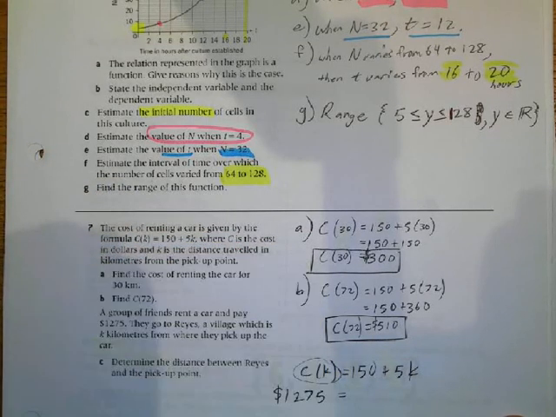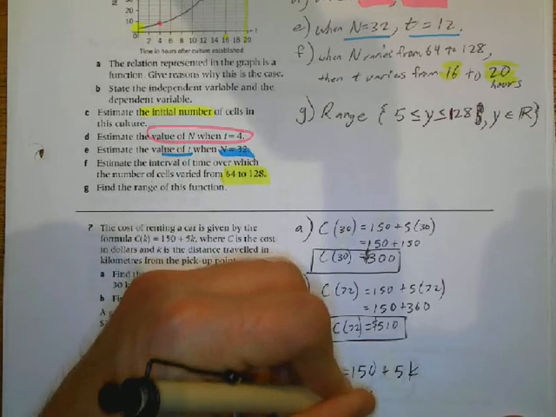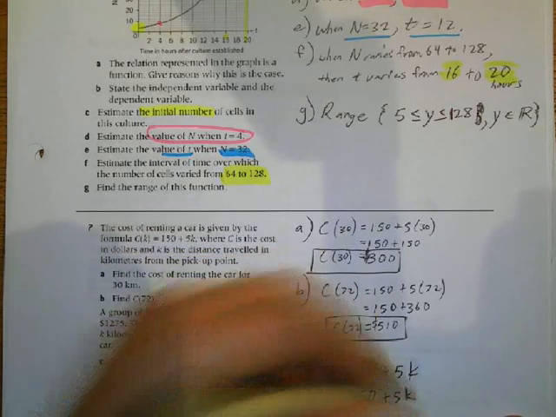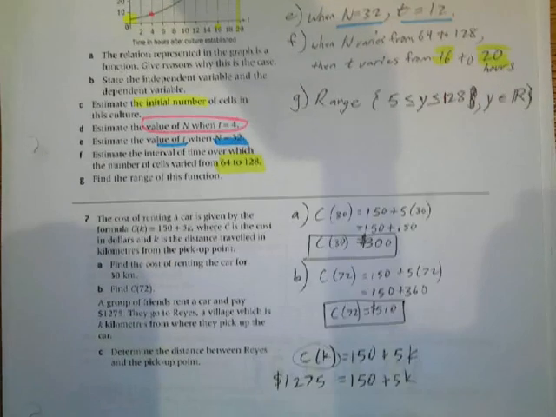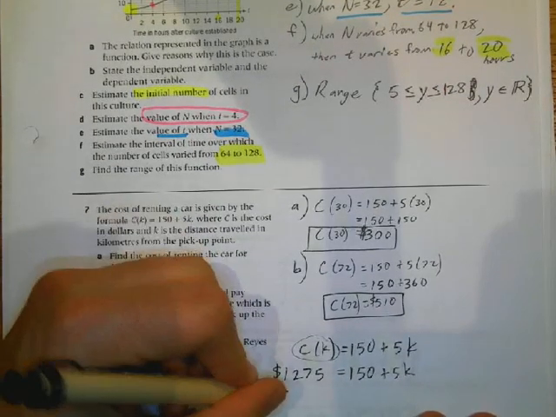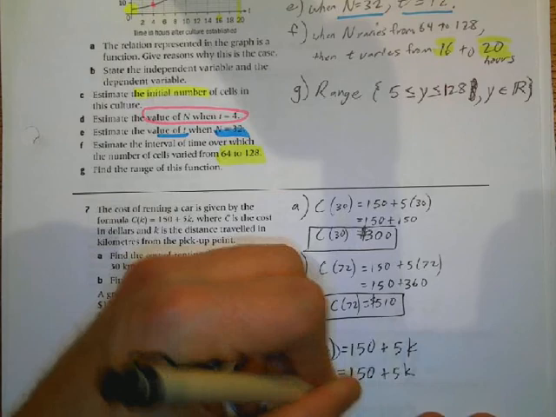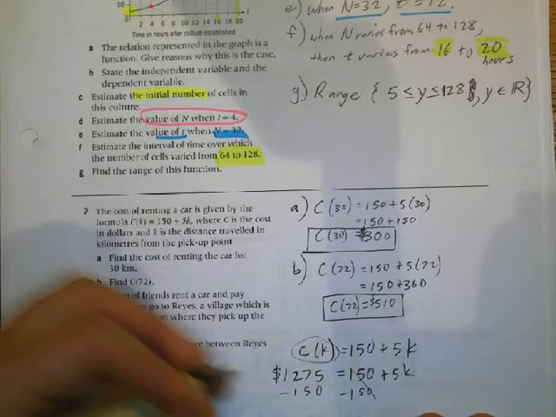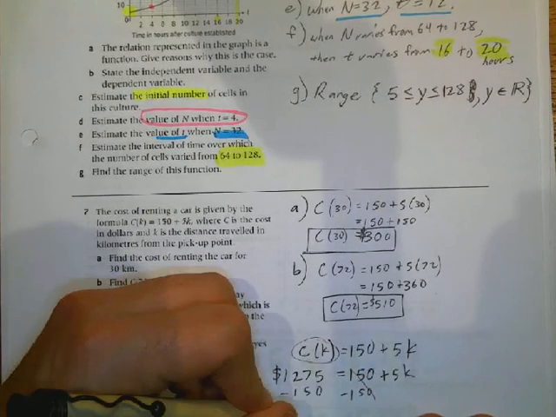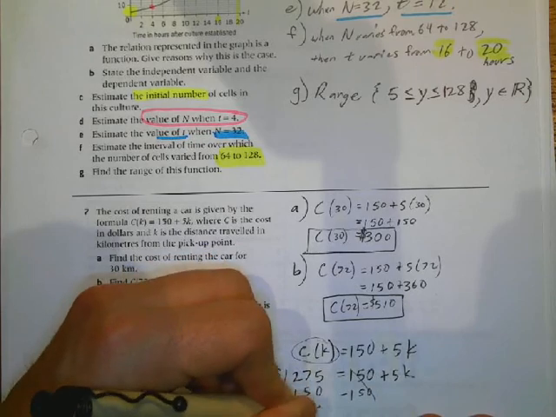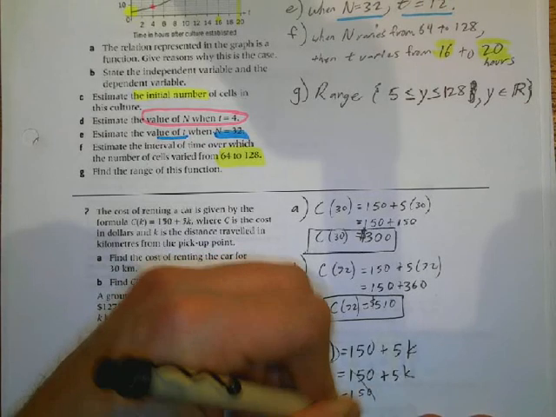1,275 equals 150 plus 5K. So step 1 is I'm going to subtract 150 on both sides. And then I'm going to get 1,125 equals 5K.